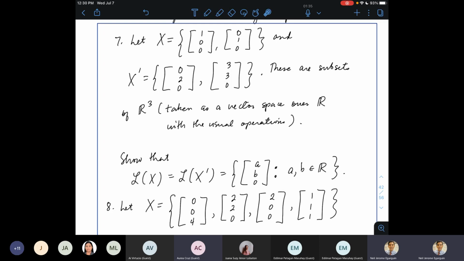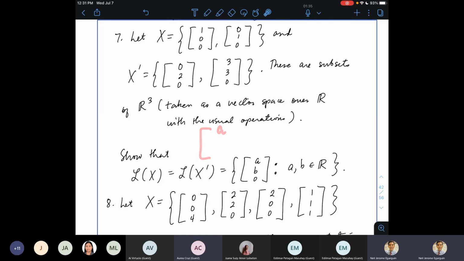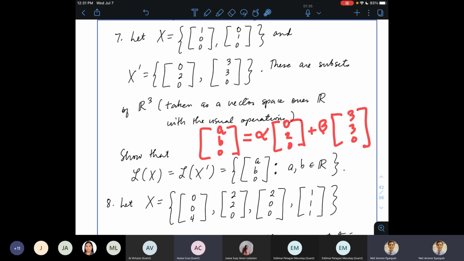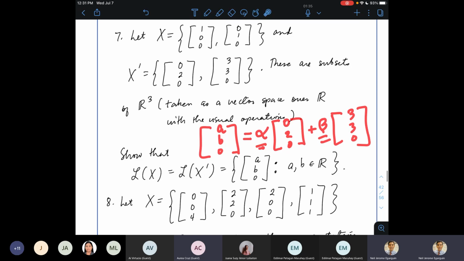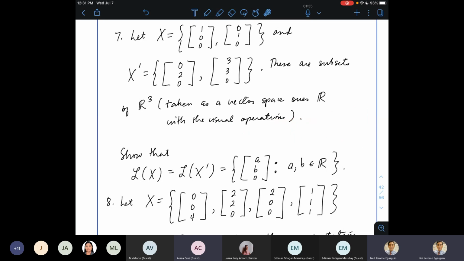Yeah, tama po. Pwedeng pakita nyo na, kasi ang claim dito ay parehas silang equal kay AB0, no? So equate nyo lang kay alpha 020 plus beta 330 and show that there exists an alpha and a beta in terms of A and B that will make this equation true. Yes, in terms of A and B, exactly. And then you'll be done, right? Okay, thank you.